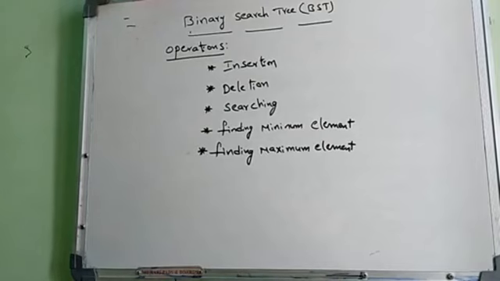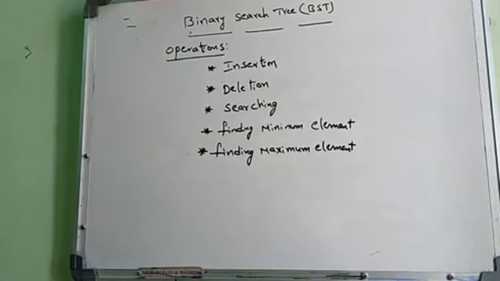So, very important questions. The operations are generally insertion, deletion, searching, finding the minimum element in the binary search tree and finding the maximum element in the binary search tree. These operations are very important, especially the first two.